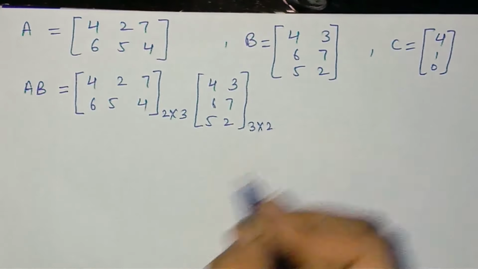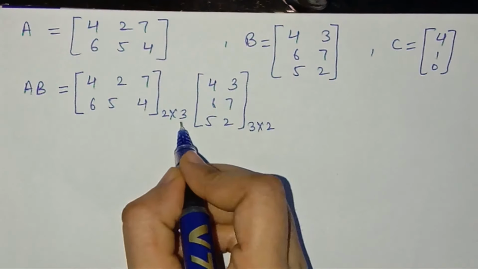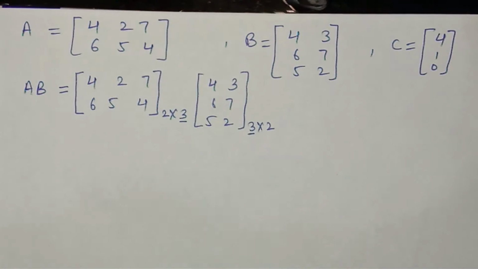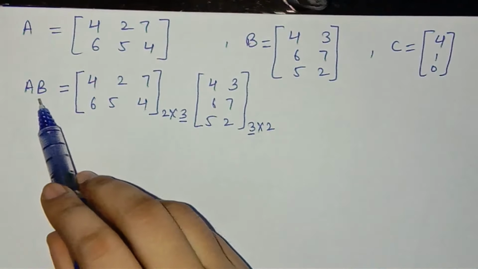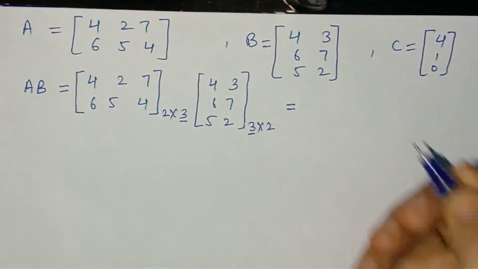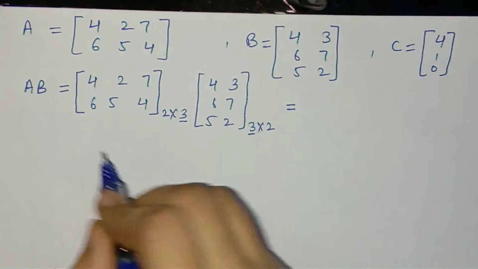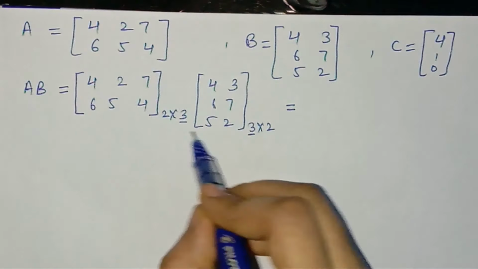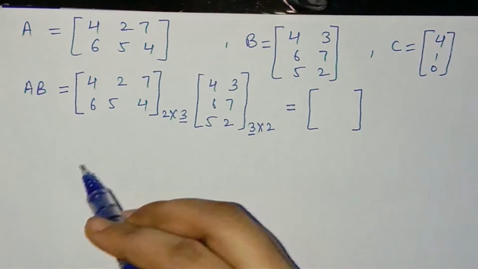The order of matrix B is 3 by 2, and we know we can multiply two matrices only if the number of columns of the first matrix is equal to the number of rows of the second matrix. Only then the product will be possible. So we can easily find A into B, and after multiplication the resulting matrix will be of order 2 by 3.